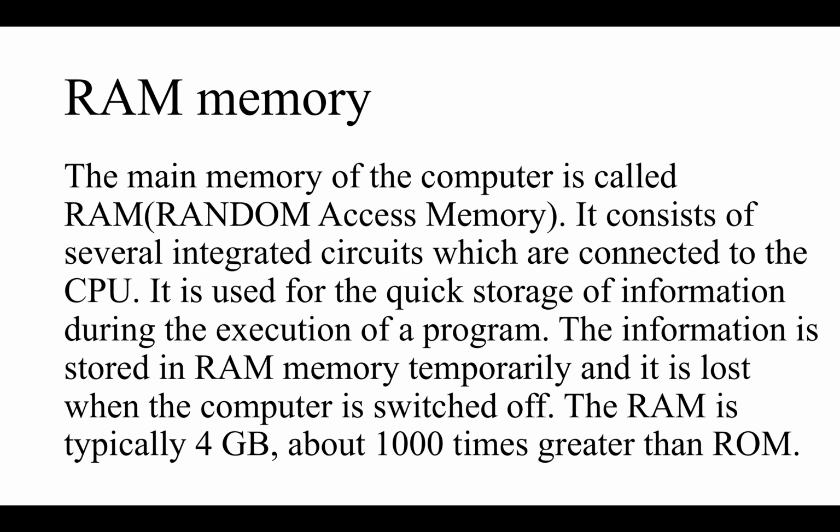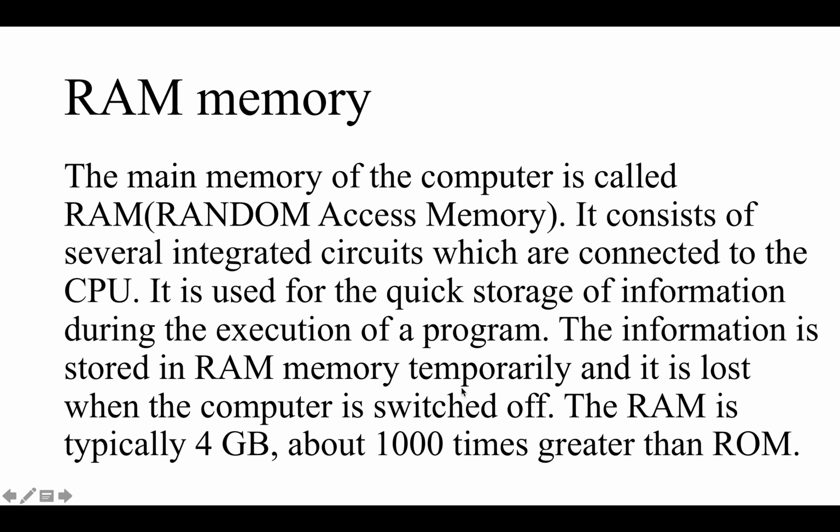It means that the RAM is dependent on the electricity supply. If the electricity power supplies to the computer, it retains the data. If the electricity power does not supply, then the RAM loses all the data that was stored in it.